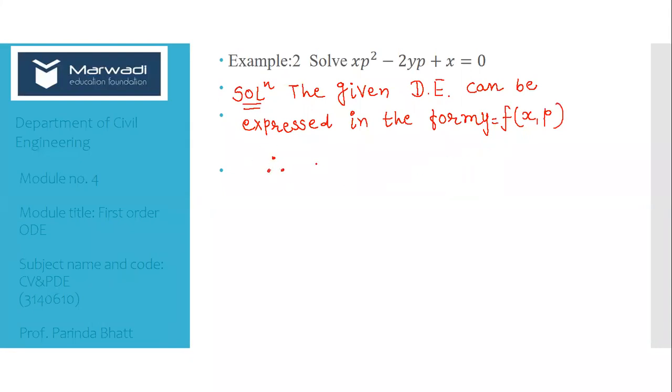Therefore, xp square minus 2yp plus x equal to 0. This is our given differential equation.